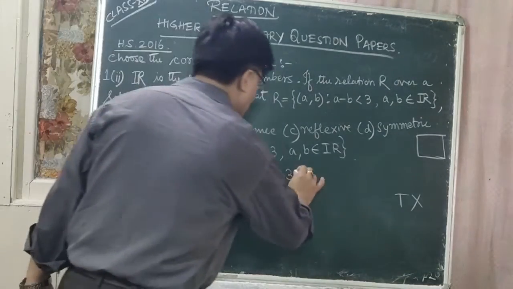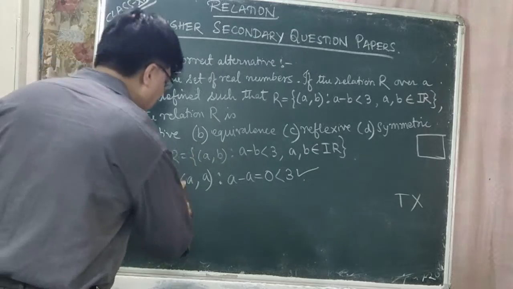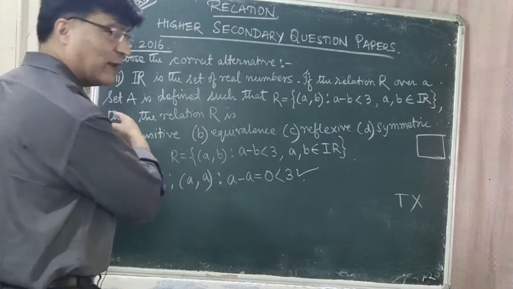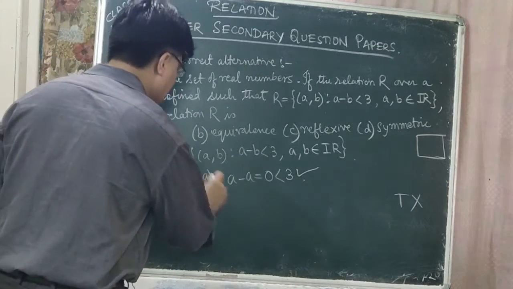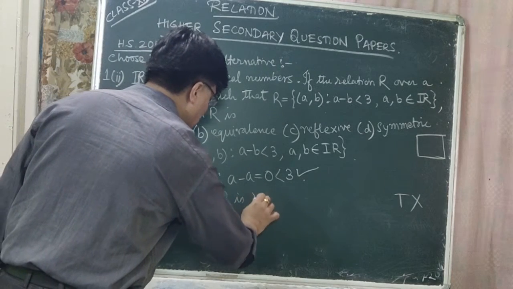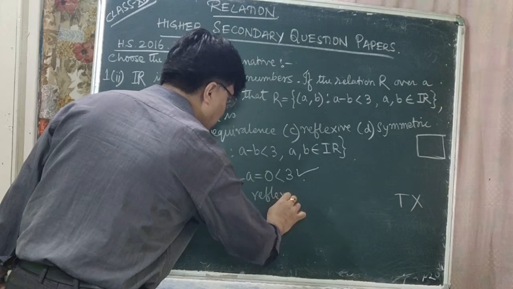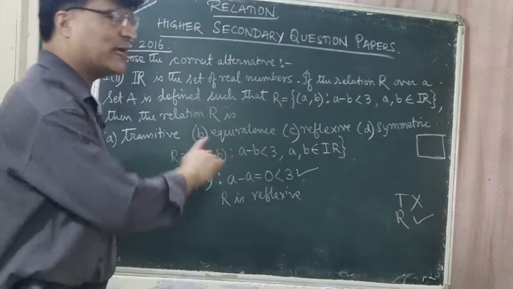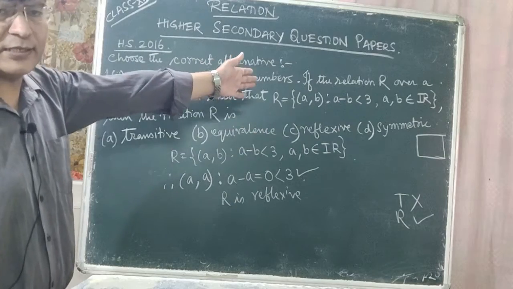So this is correct. So (a, a) belongs to the relation R, that means it is reflexive. So this might be the correct answer. C is the correct answer.